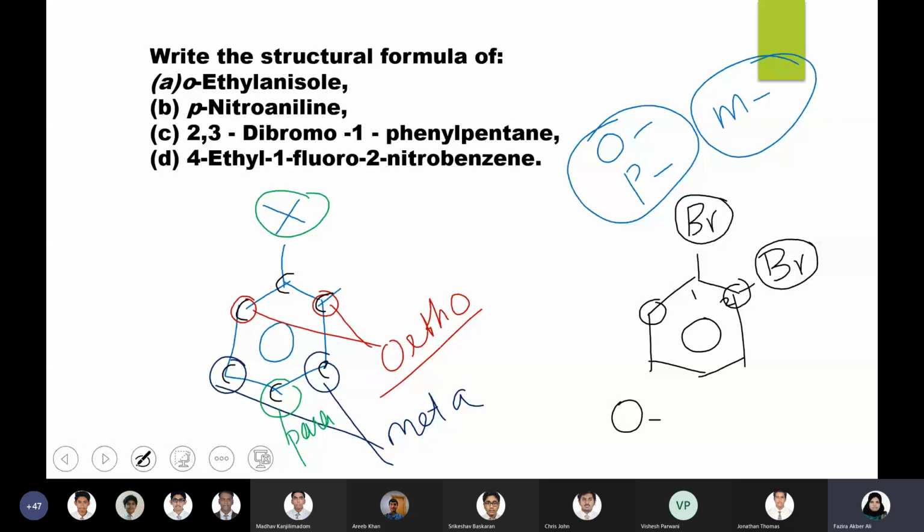So this will be ortho-dibromobenzene. That means the two bromo groups are in ortho positions, that means adjacent to each other. Is it clear?